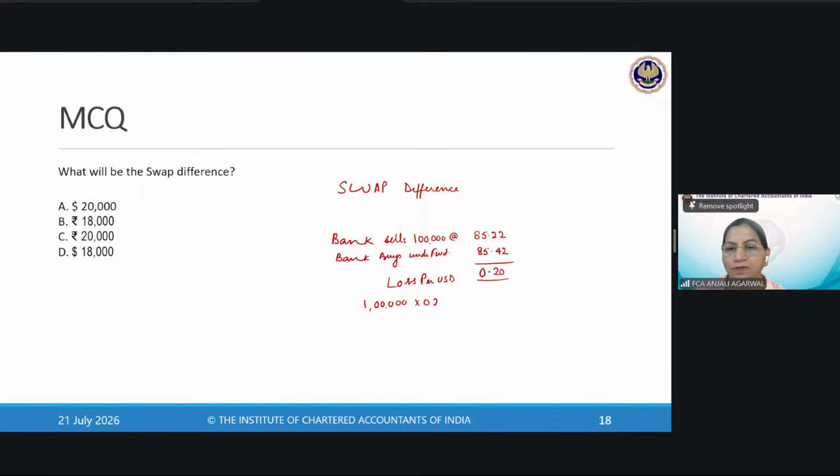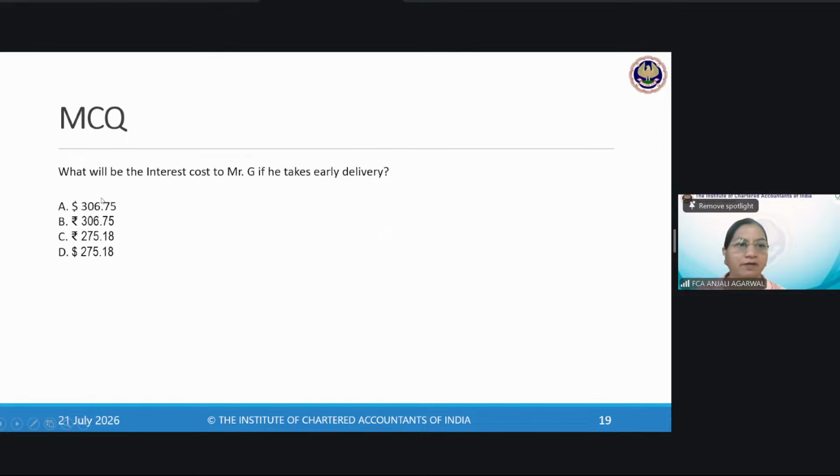The total loss to the bank would be rupees 20,000. So the loss is 20,000. Swap difference is 20,000. Then there is also going to be an interest cost.